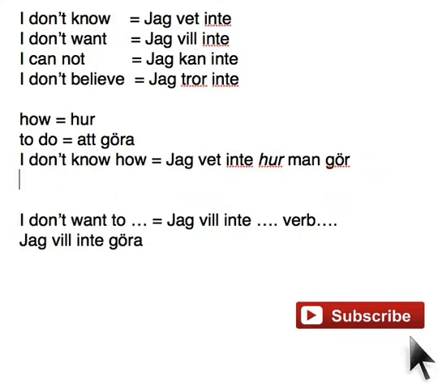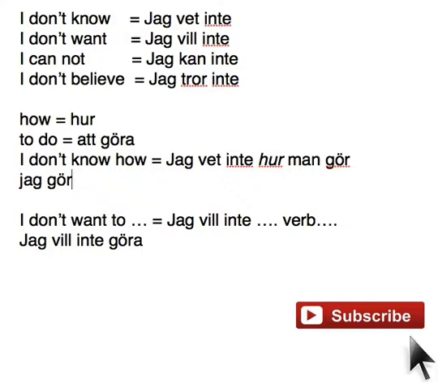Jag gör, du gör, that's I do, you do, we do, everybody does. It's just gör, right? And then in another video I'll talk about the pronouns jag, I, you, he, she, it.